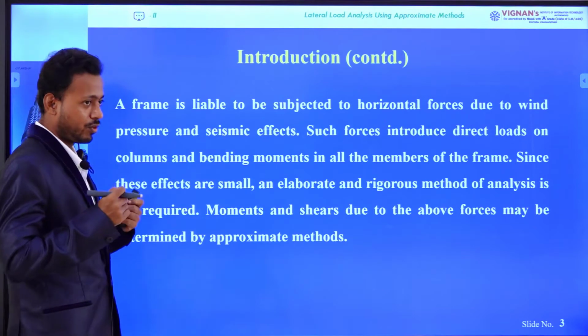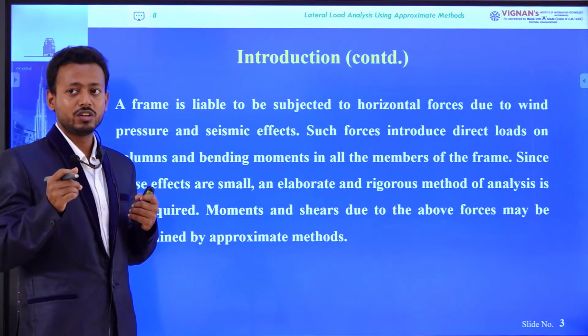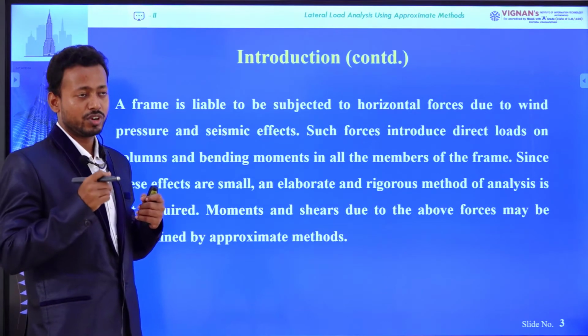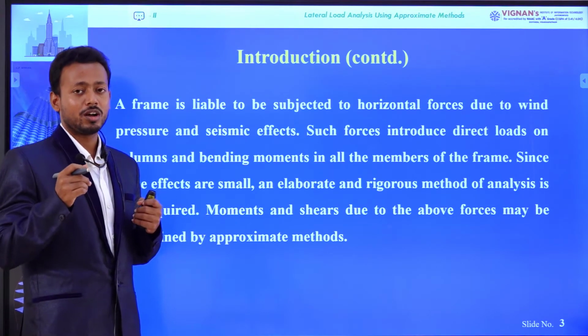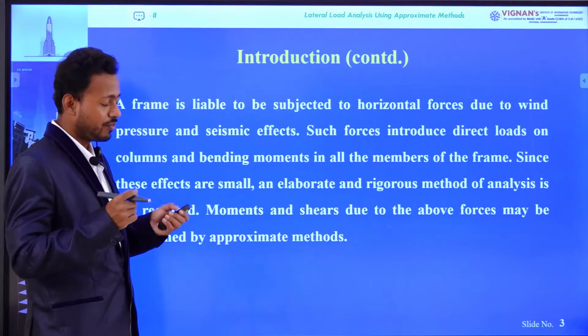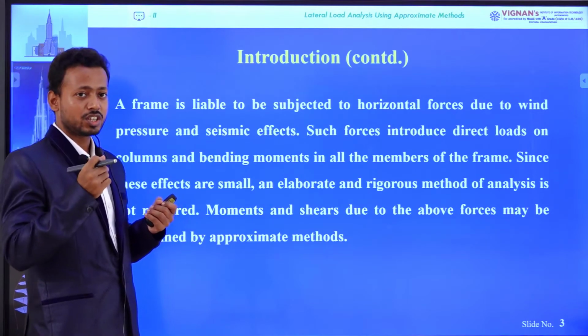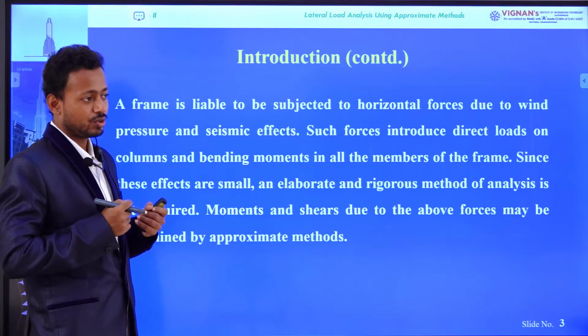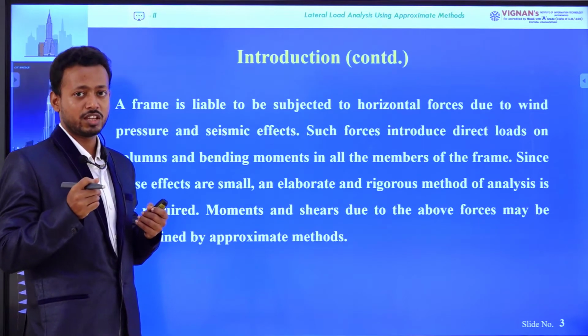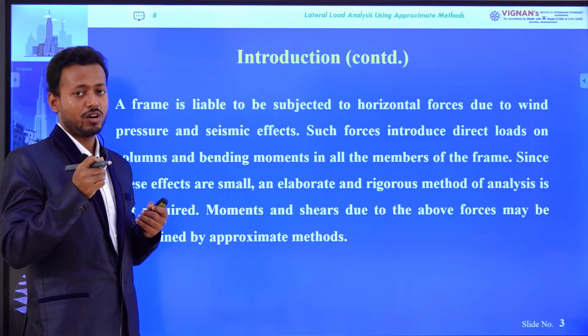The lateral force comes due to wind load or seismic load. When wind load or seismic load comes on the building, it deflects in the direction in which the force is applied. So, depending upon the magnitude of the event, the deflection occurs.